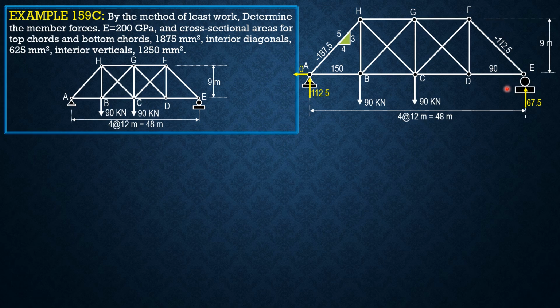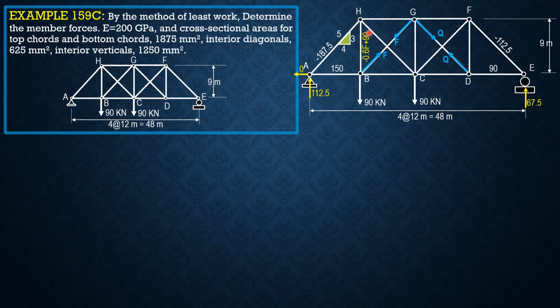We then proceed by choosing BG as one redundant. The other redundant force would be DG as shown. Let's denote that with Q. Then we proceed to joint B, summation of forces vertical, so that you can express BH in terms of F: negative 0.6 F plus 90.